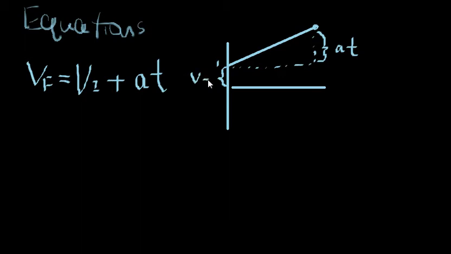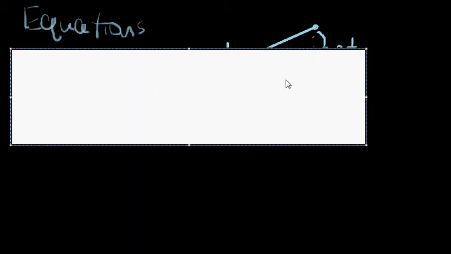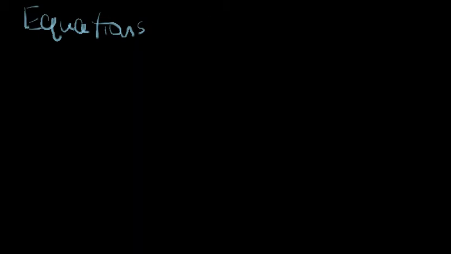So here A is positive. That's why the velocity is going up. Now what if the acceleration is negative? The whole case is going to be different. Again, V final equals V initial plus AT.